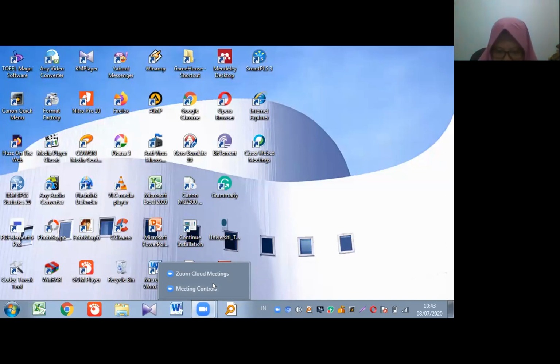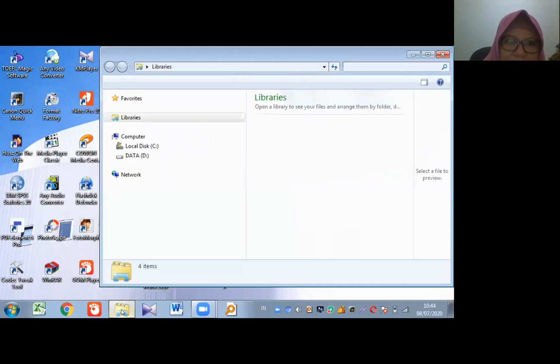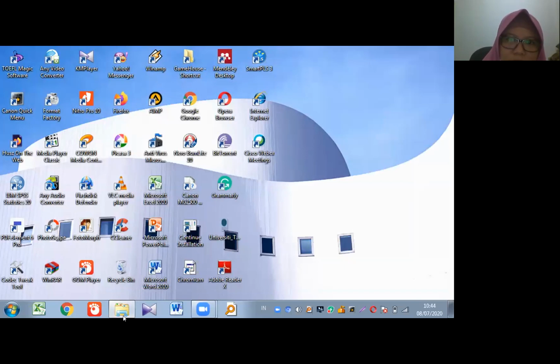You can directly go to your slide. Choose your slide in the computer. You can directly open your PowerPoint. In the desktop over there, Microsoft PowerPoint, you can share.